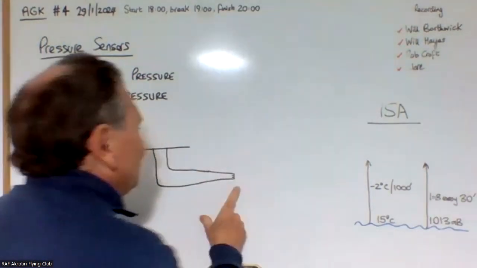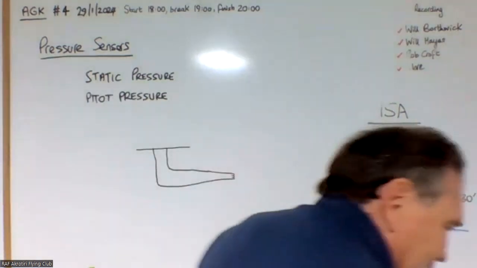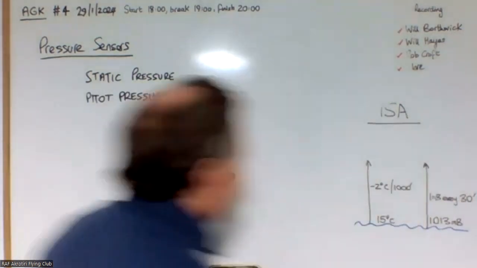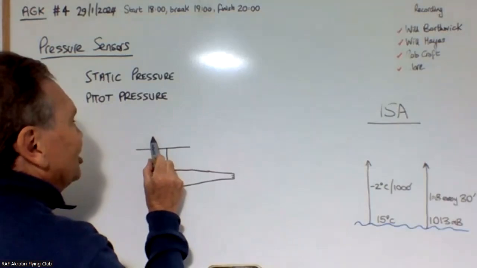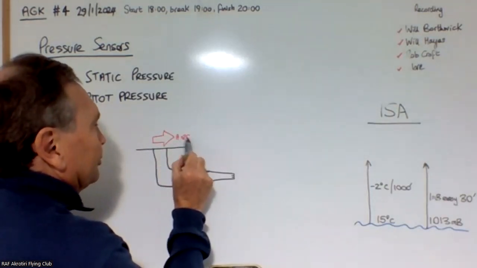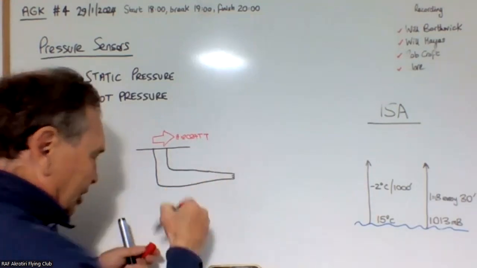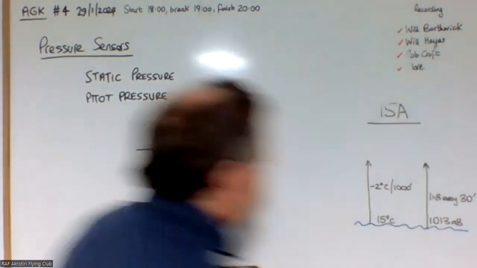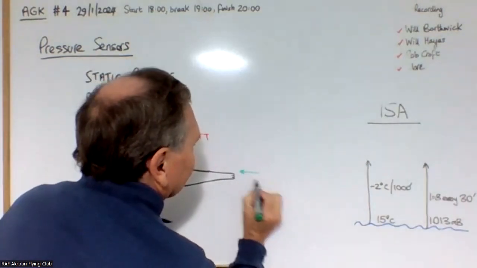So this pitot tube, the plane is obviously moving in this direction. That means that the air is moving here.